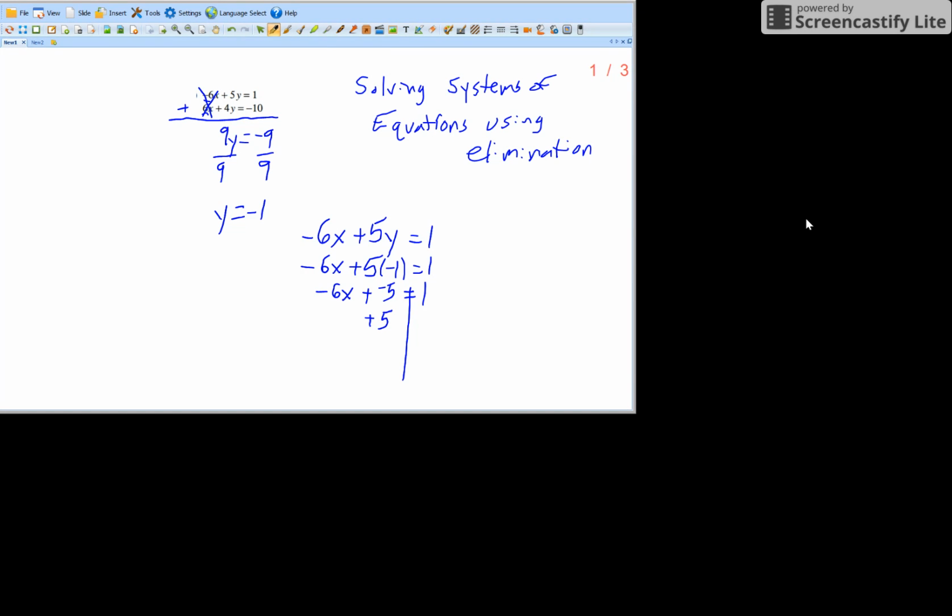If I do it to one side, I have to make sure I do it to the other side. That will go away, and I get -6x equals 1 plus 5, which is 6. Divide by -6, divide by -6, and I get x equals -1. So I have x equals -1, y equals -1. I write my answer as a coordinate pair: -1, -1.